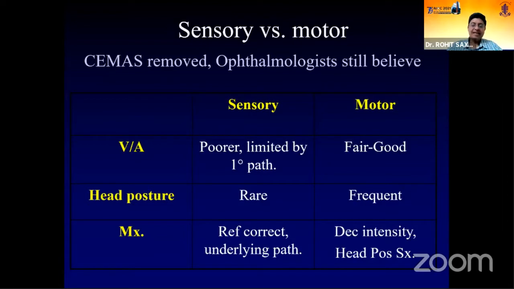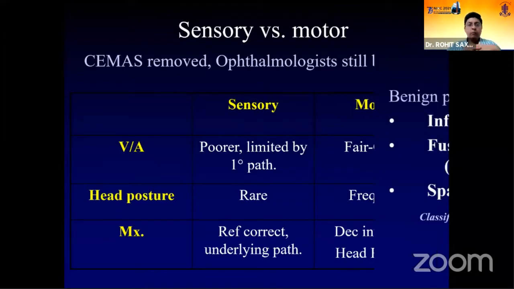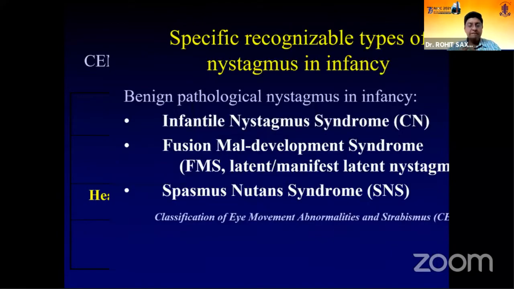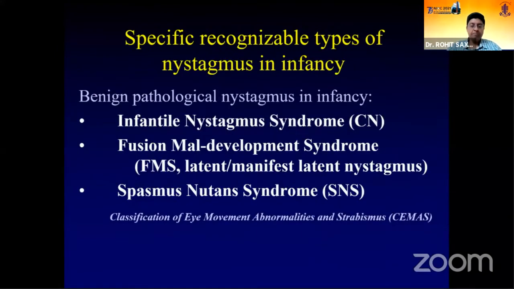However, because of the nystagmus, it may not be absolutely normal, and you see certain very classical features like head postures in them. So pathological nystagmus in infancy is essentially three types, although there are many, but from an ophthalmologist's point of view, we're looking at three very important ones.